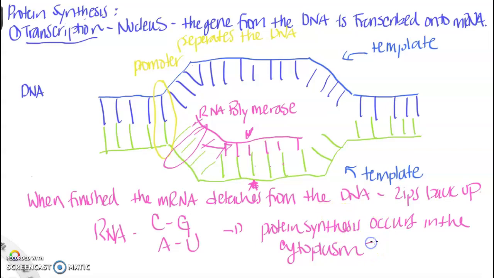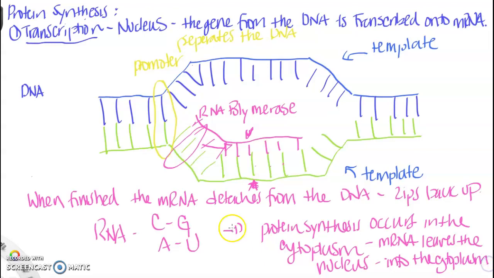So the mRNA goes out of the nucleus, so leaves the nucleus into the cytoplasm. And that's all there is to transcription, okay? So once we have the mRNA and it goes out into the cytoplasm, then we make the protein and we enter the next stage.